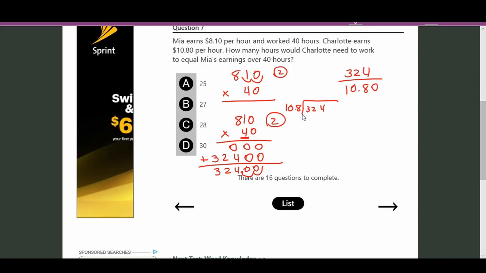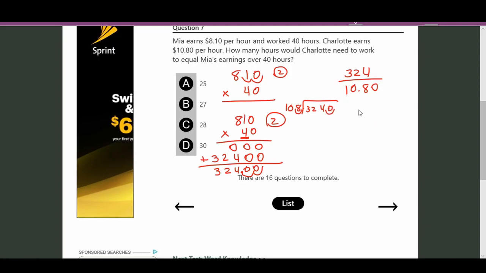But that said, 10.8 is outside the division bracket. So I can't proceed as I normally would doing long division. Instead, I have to shift this decimal place once here to make 10.8 108. And since I shifted it there, I have to shift it a corresponding number of times there.